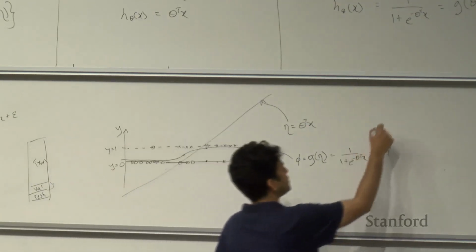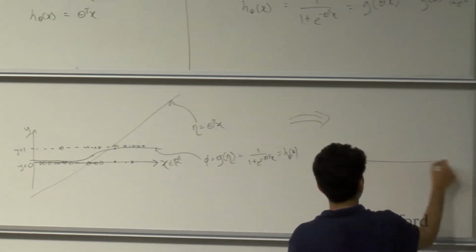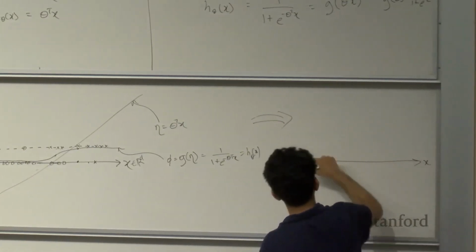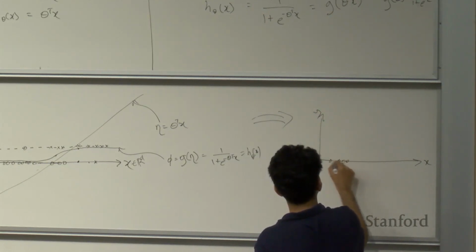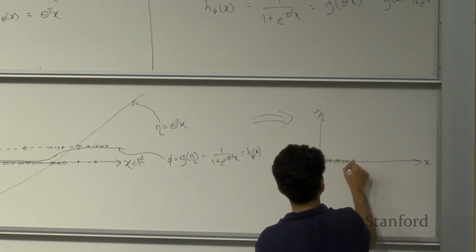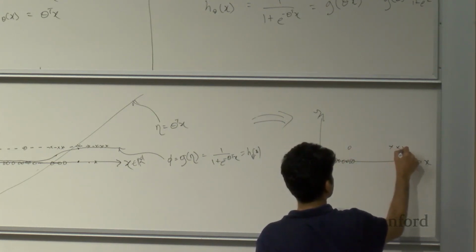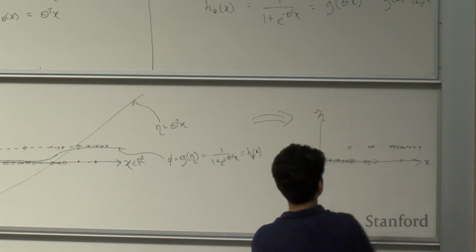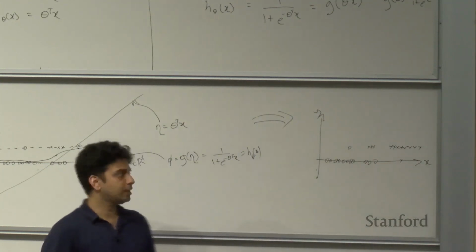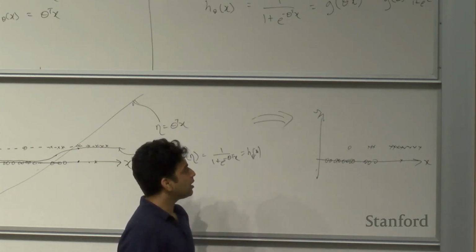And from this data generation process, we get a data set that might look like this: x and y. So you might get a data set that looks like this. Again, this is just visualized in one dimension.